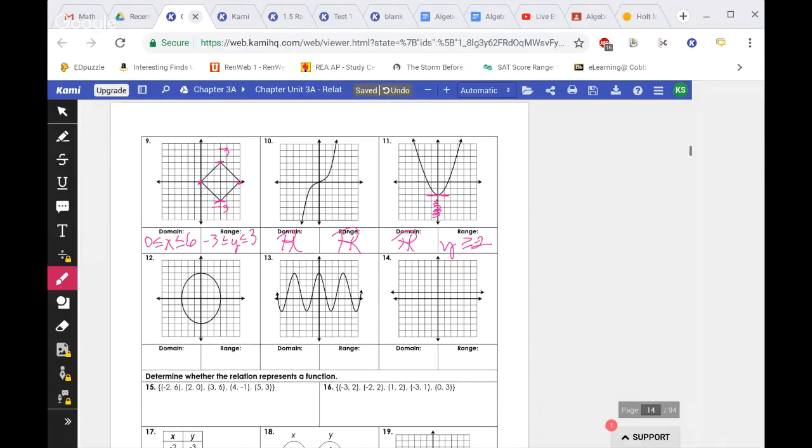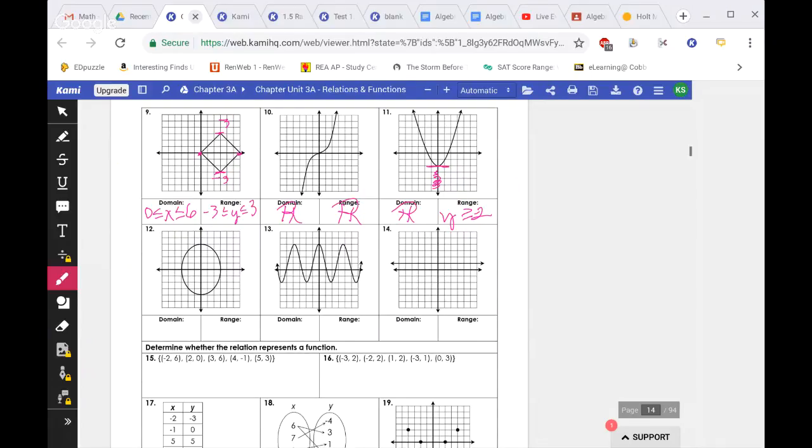Some graphing isn't that bad for me. I still would rather do an equation, but the domain and range for a long time was difficult for me to grasp what it was doing. But like I say, it just took time.